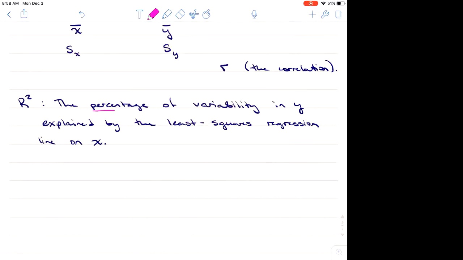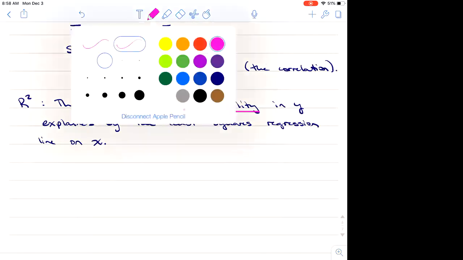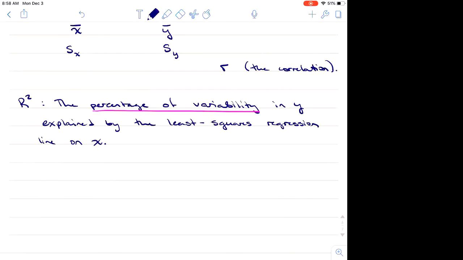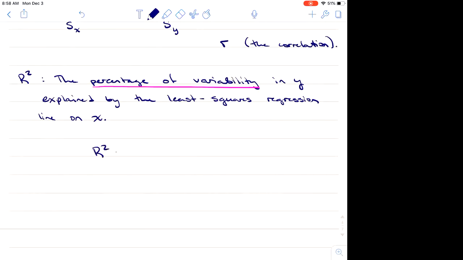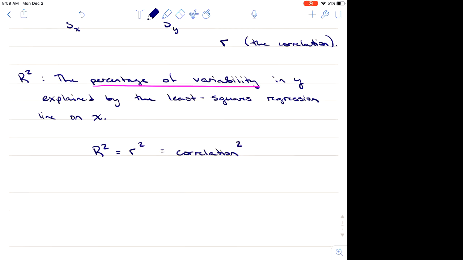But as soon as you see percentage of variability, you can basically stop reading. Okay? So as long as you recognize, okay, percentage of variability in Y explained by the least squares regression line on X, okay, fine. But R squared is just the correlation squared. So if you have the correlation, you can find the R squared.